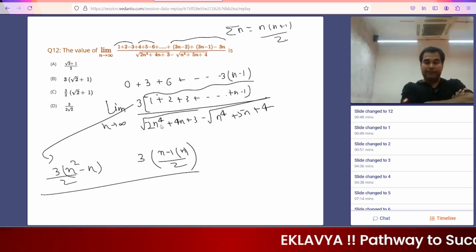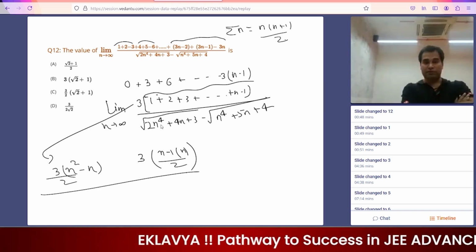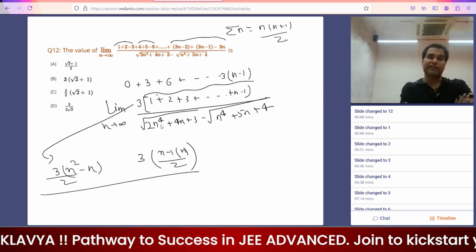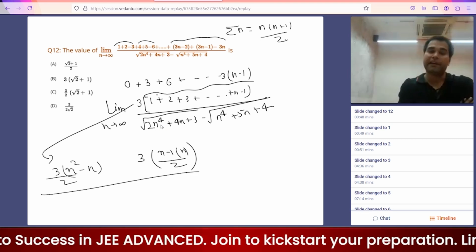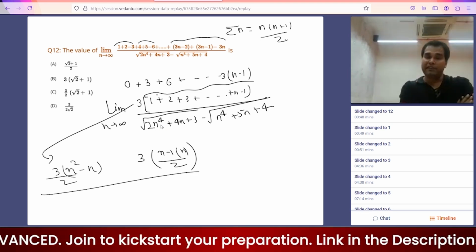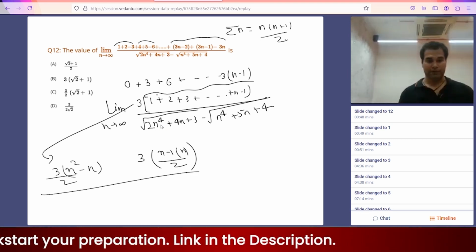In this type of limit question, where the degrees are the same, take the highest degree coefficient in the numerator and denominator.